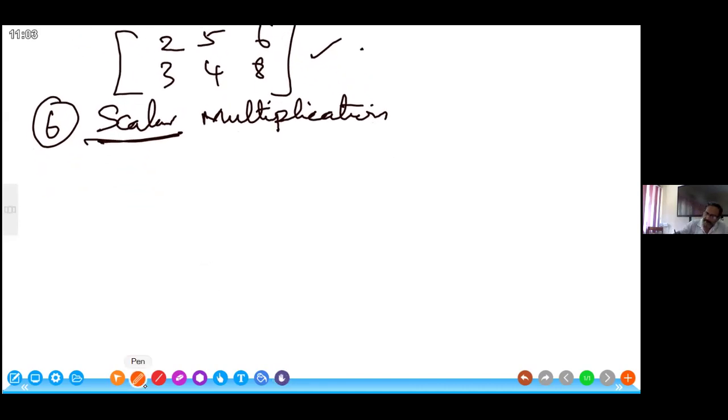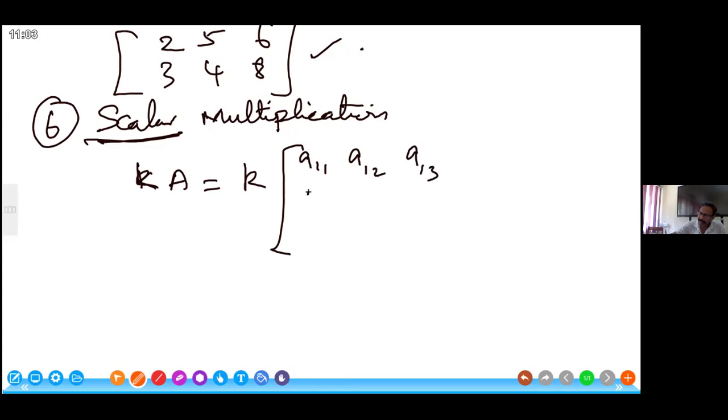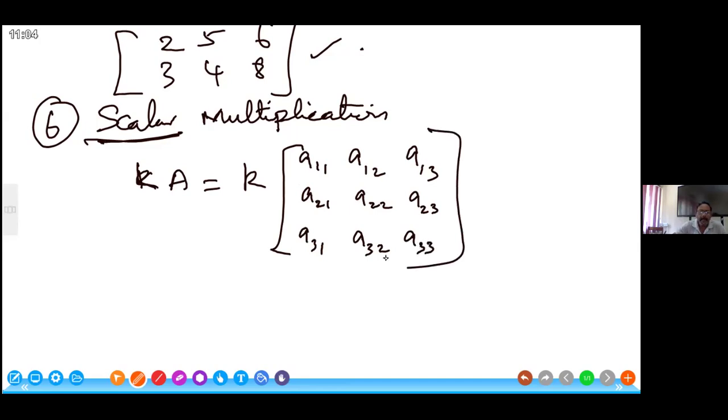Suppose we are multiplying matrix A by a constant K. That is K into A11, A12, A13, A21, A22, A23, A31, A32, A33. You simply multiply all the elements by a constant, where A is the matrix.